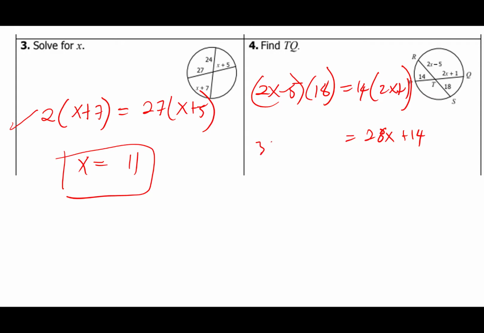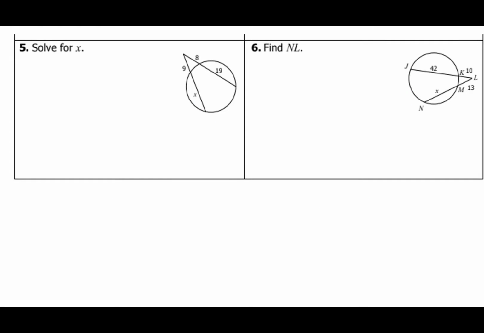Multiplying this is going to give me 36x minus 90. Solving that, I'm going to get x equal to 13. So again, just complete that, and you're going to get x equal to 13, x equal to 11 once we solve those equations. All right, let's keep it going.